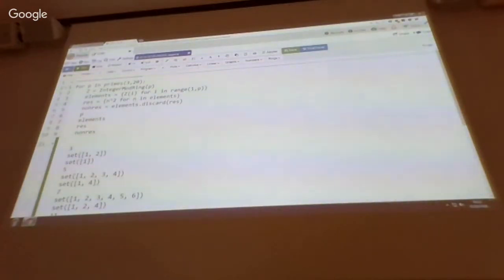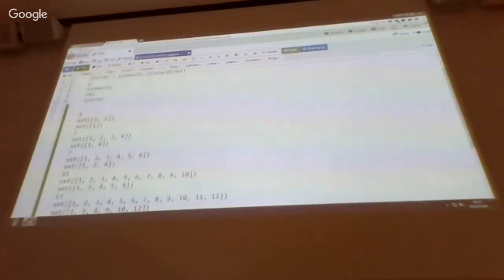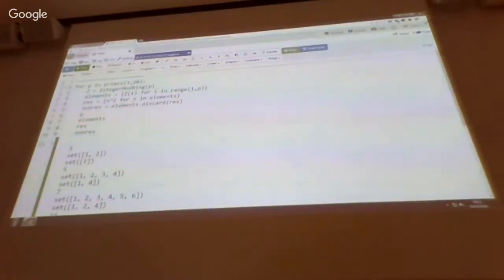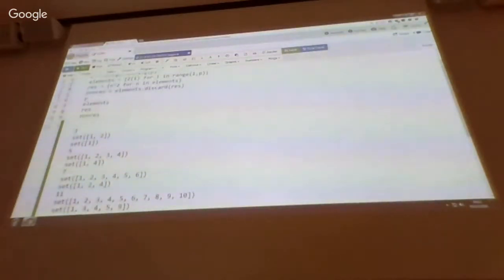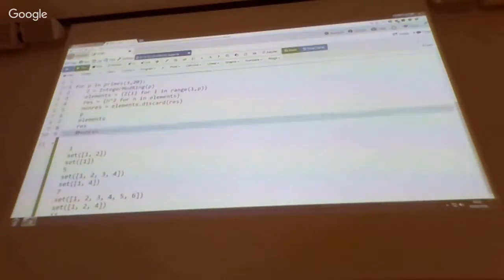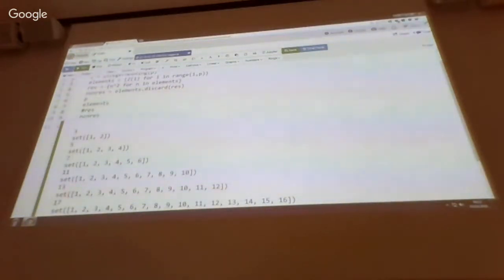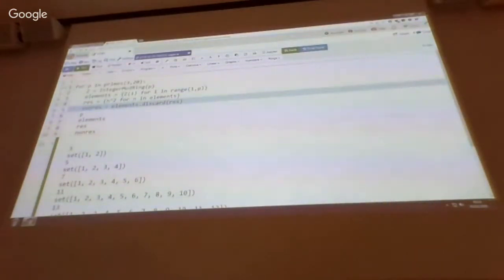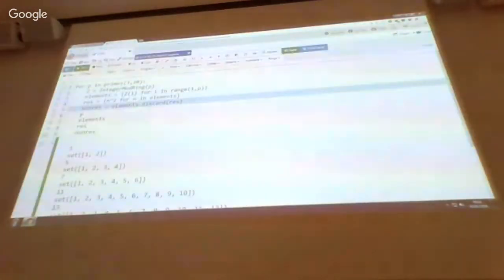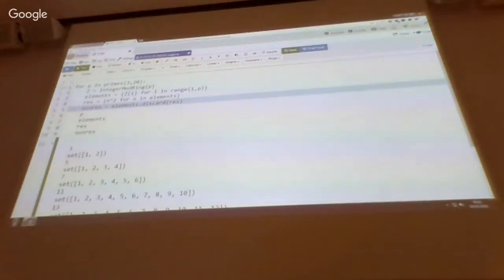Let me simply print P, elements, res and non-res, so we can see. Something isn't quite right.